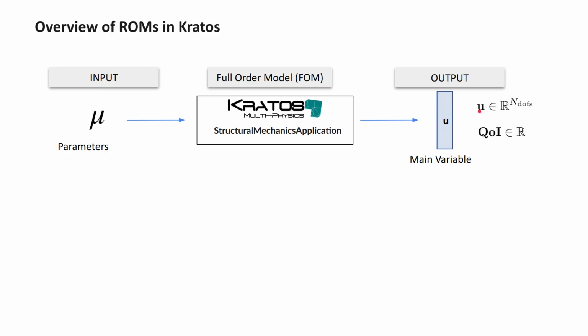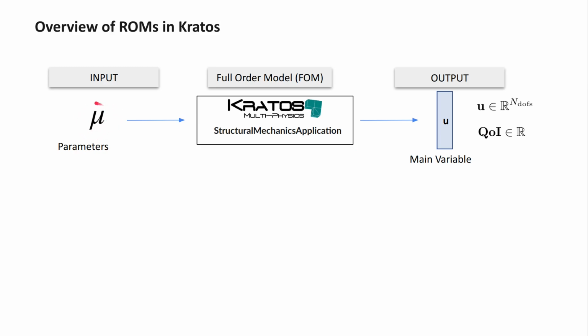So U is a vector with dimension number of degrees of freedom. One might also be interested in a quantity of interest that is computed by the simulation, and that, for example, can be in this case a scalar. We are interested then in knowing how either the complete solution field or a quantity of interest change given changes in these parameters mu.